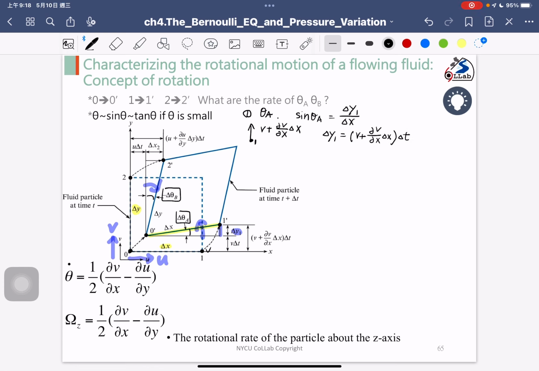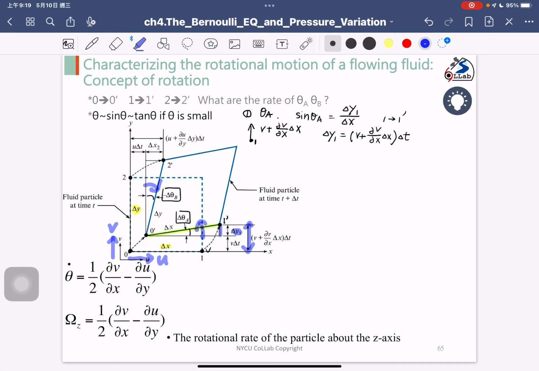This is the travel distance as point 1 moves to point 1 prime here. This is the travel distance of the move from 1 to 1 prime. So this is the total travel difference here. Okay, so this is the travel distance.